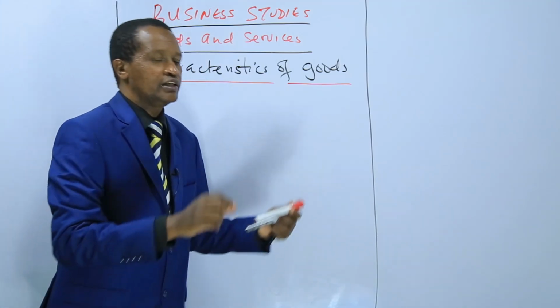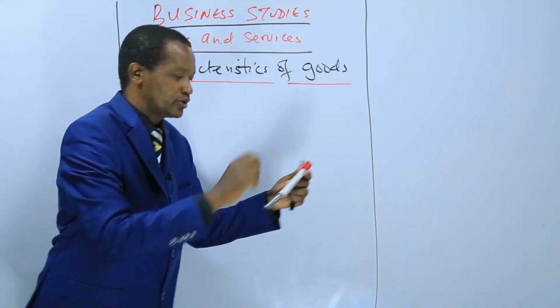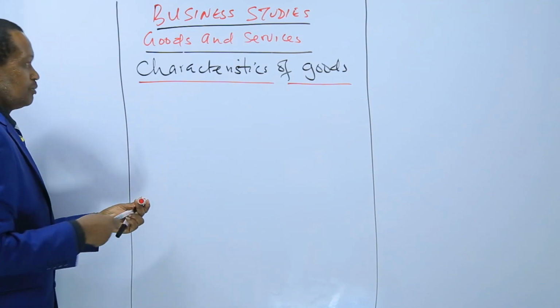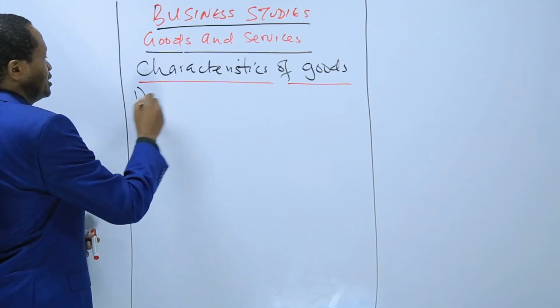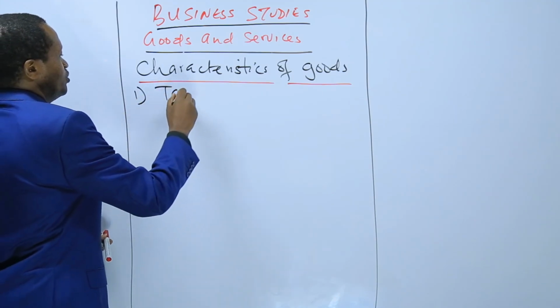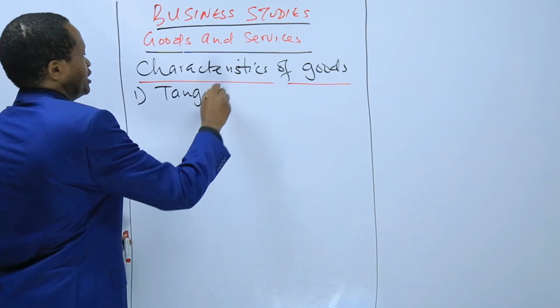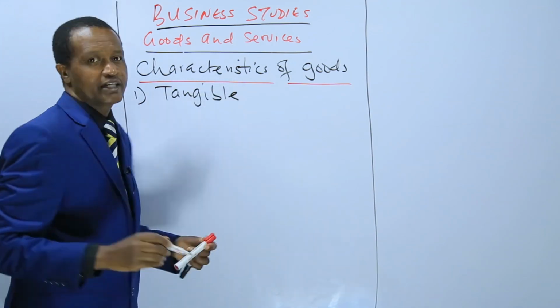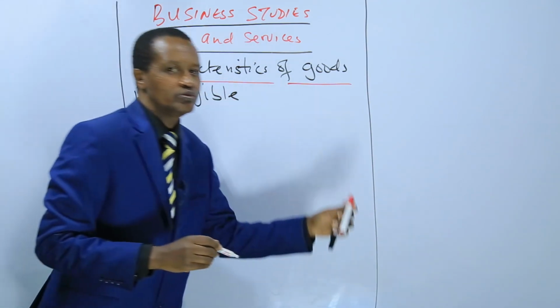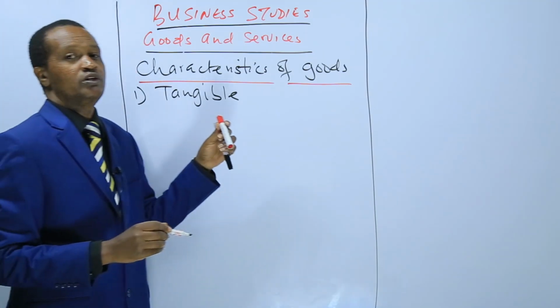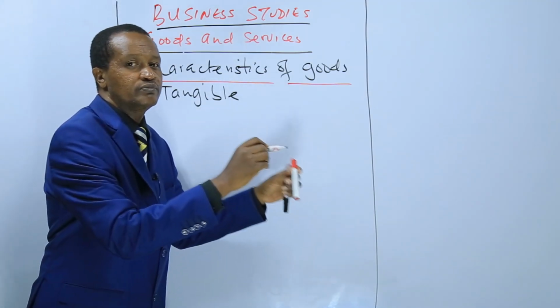I've just said goods are tangible. That is the first characteristic. Number one, goods are tangible. That's the main feature of goods.